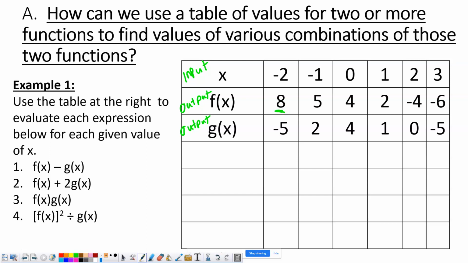So now what we want to do is combine functions together. So for number 1 here, it says we want to create a new function called f of x minus g of x.